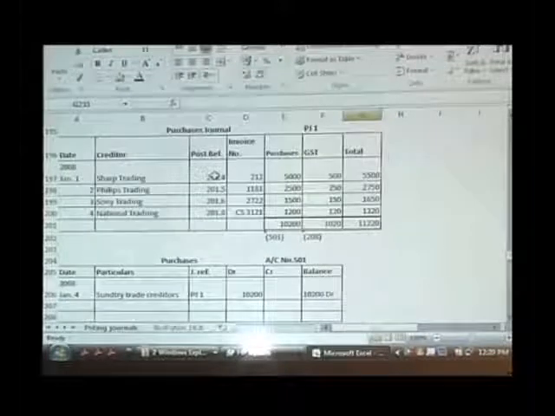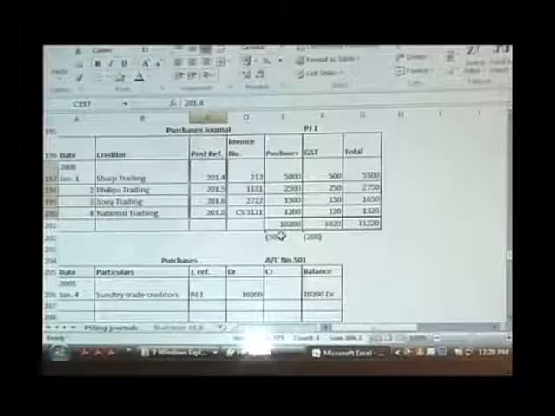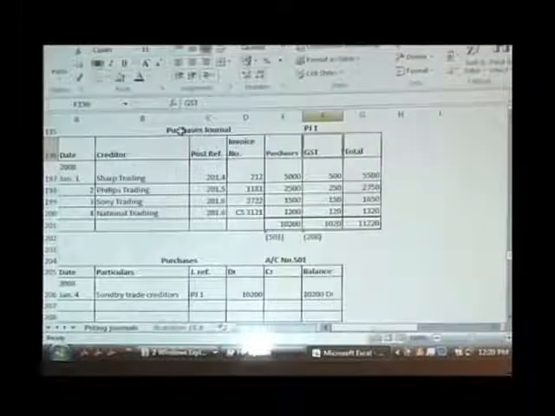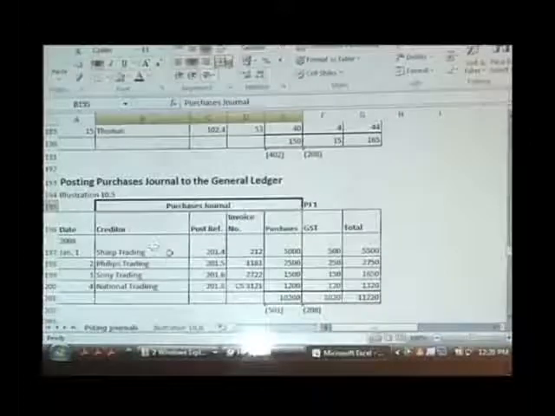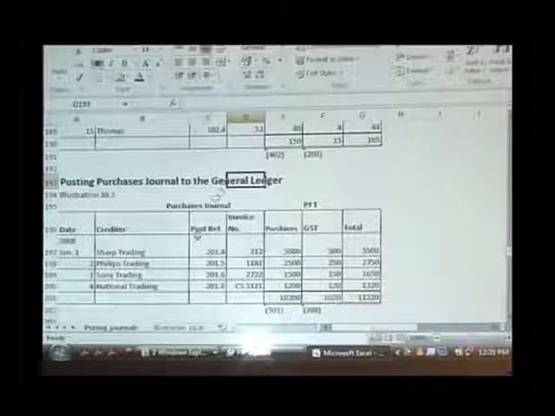Now individual amounts are posted separately and totals posted to the respective accounts. That means the purchases journal has already been posted to the general ledger.